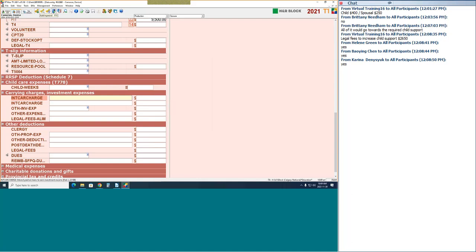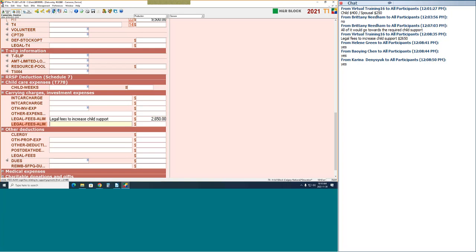I'm going to open up my carrying charges data entry section, and you're going to notice that there's one here that says legal fees alum. Legal fees alum is specifically where I put legal fees relating to support payments. So legal fees relating to support payments to increase support, I can put here, and it will go on the correct line.